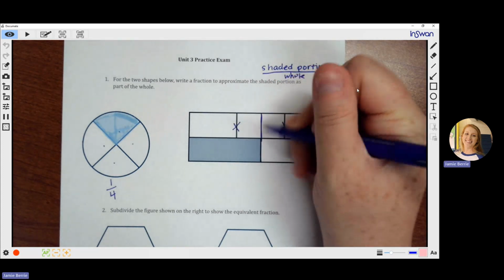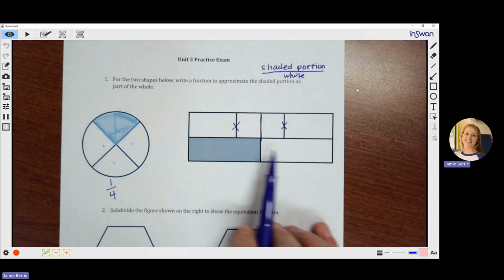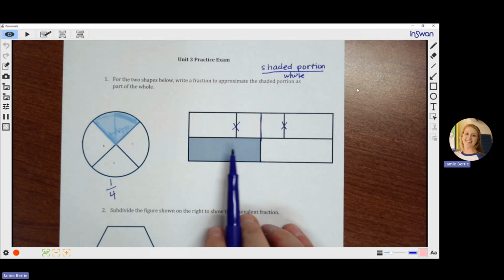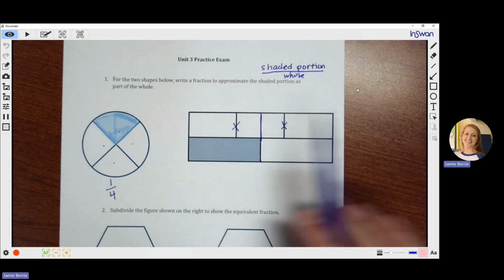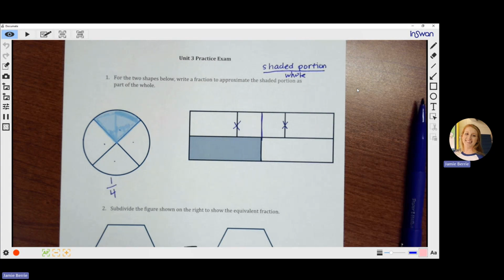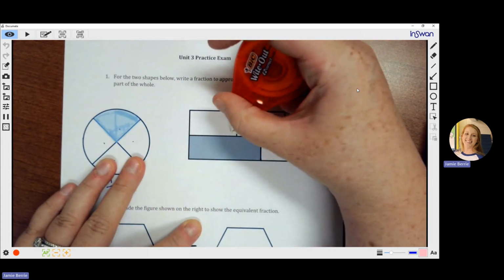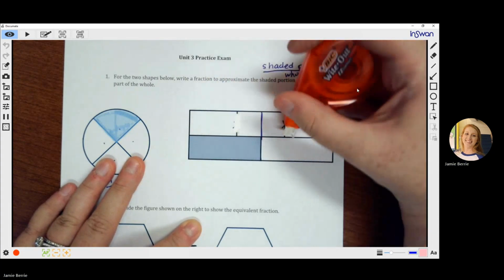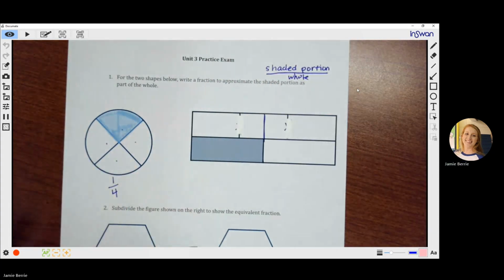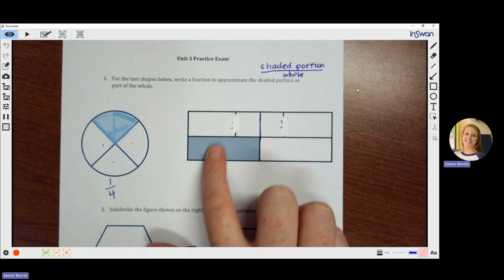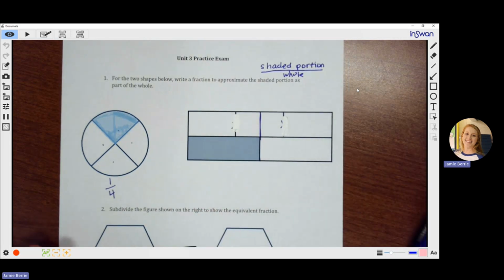Since my shaded portion is down here in the bottom, I'm going to use that as my units. I'm just ignoring these lines and turning that into a rectangle that's been split into 4s.